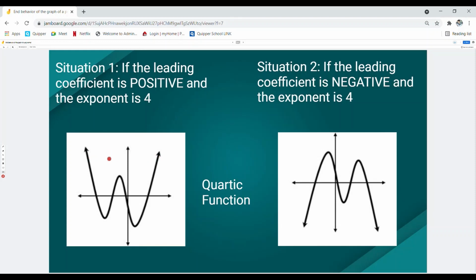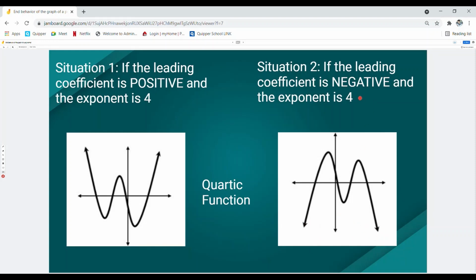So both of the ends are directed upward because it's positive. On the other hand, if it's negative and the exponent is 4, still the same quartic function, both of the ends are directed downward.